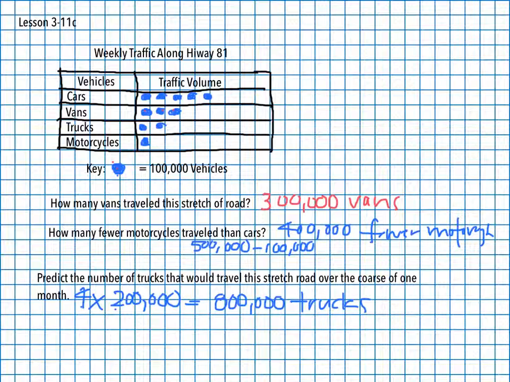Now, one of the things to remember, ladies and gentlemen, is these pictographs do not stand for exactly 100,000 vehicles. Because in a week's traffic, what do you think the chances are that there are exactly 500,000 cars and 300,000 vans and 200,000 trucks and 100,000 motorcycles? The chances of those numbers being exact are pretty slim.